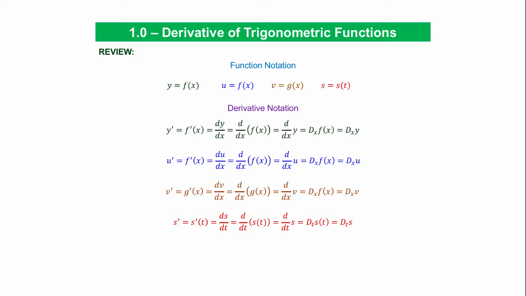Then we'll quickly go into the last one, which is x prime, x as a function of t, equal to ds/dt, equal to d subscript t of the function of t. Now we'll go into the next slide, which is the derivative of the basic trigonometry functions.